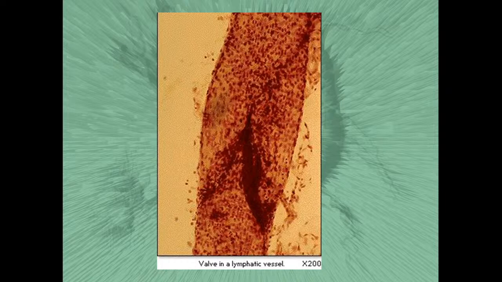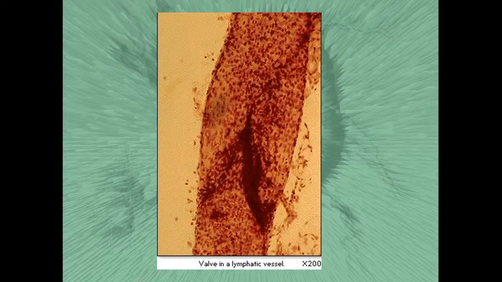What's the matter? This is a vessel. That's why, as any vessel, the wall of a lymphatic vessel contains three layers: tunica intima, tunica media, and tunica externa.